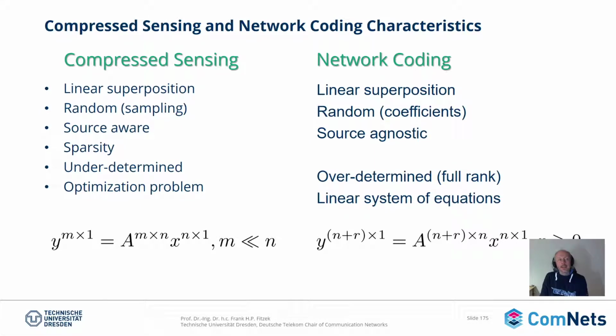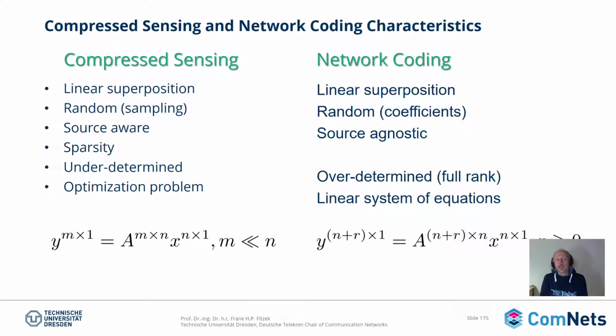Compressed sensing is one way of a source encoder, right? And network coding is doing something in the network. But if you compare these two technologies, network coding takes linear superposition, as compressed sensing is doing it. Network coding is using random coding coefficients, while compressed sensing is using random sampling.